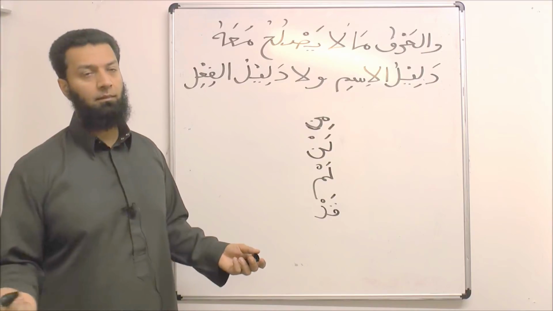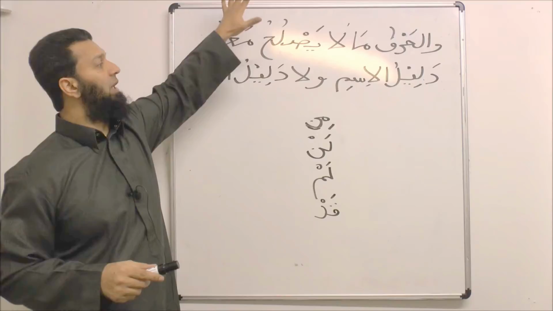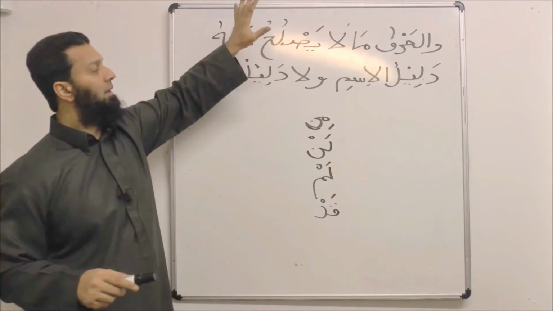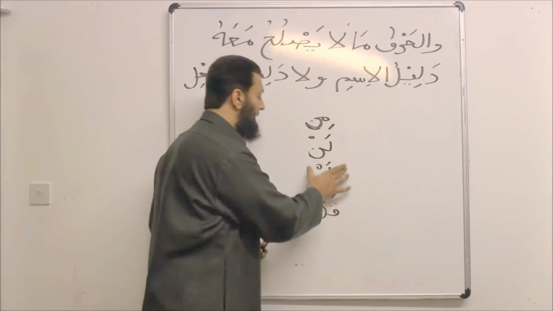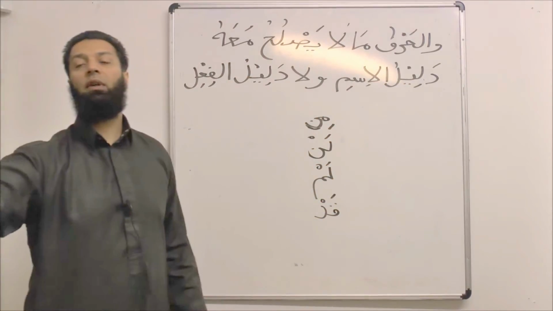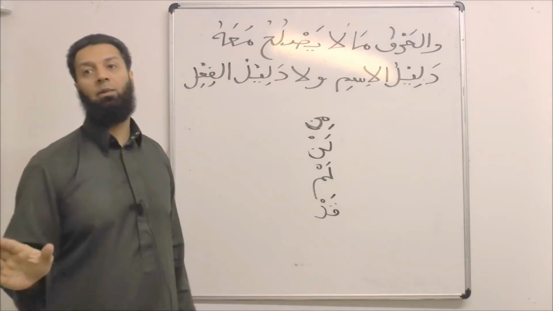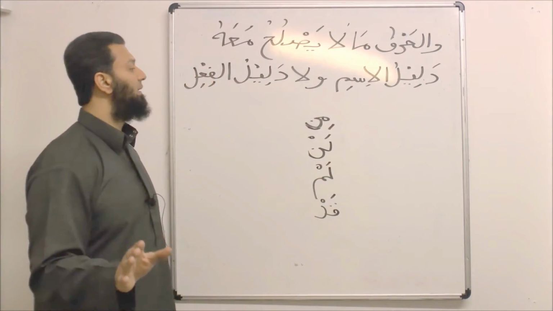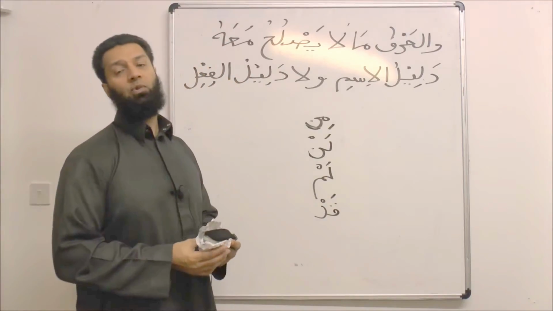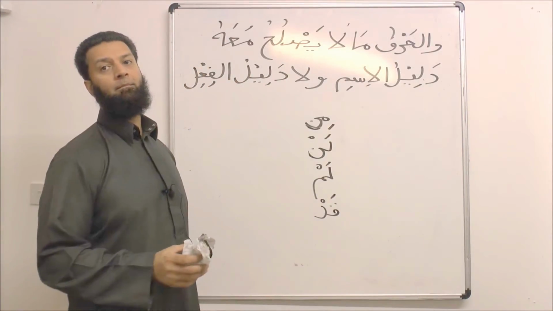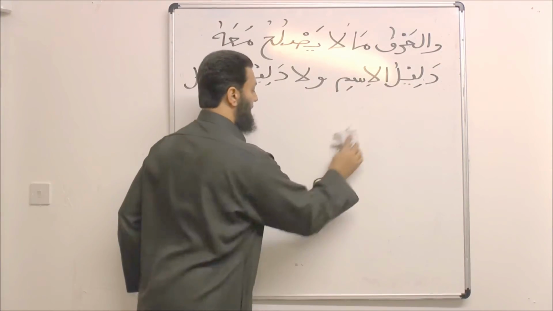No. Therefore, as Ibn Ajrum rahimahullah said, it wouldn't be appropriate to identify any of these as either al-ismu or al-fi'lu. So that is, insha'Allah ta'ala, quite straightforward, right? Is that clear? Hasanan.